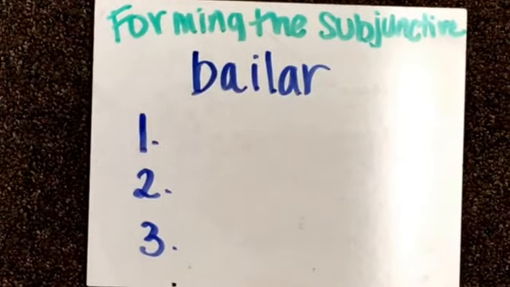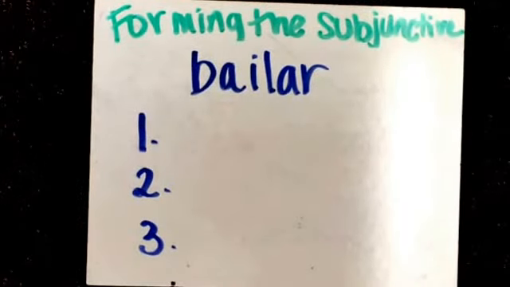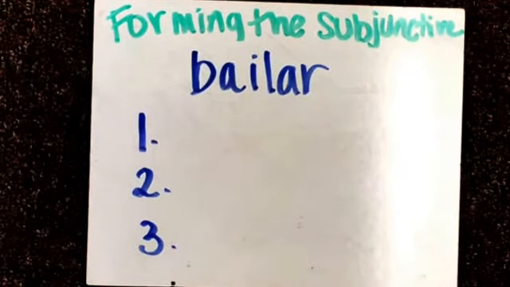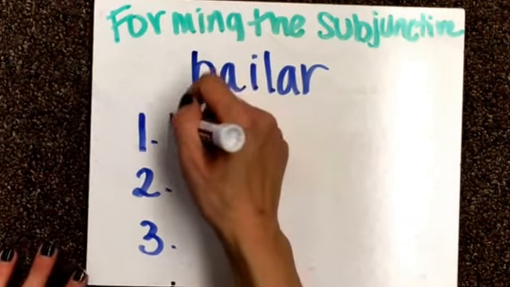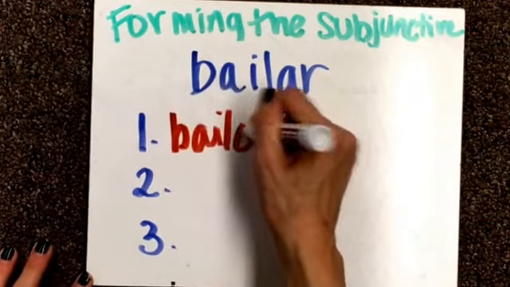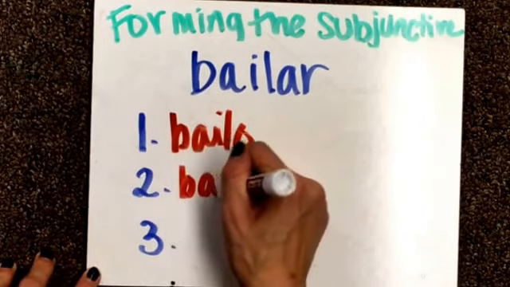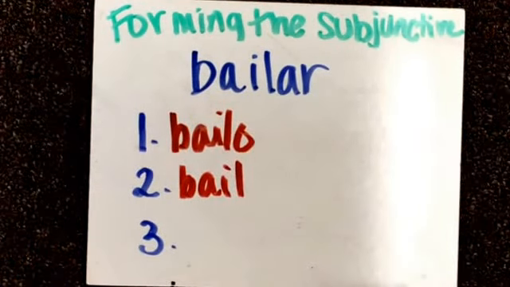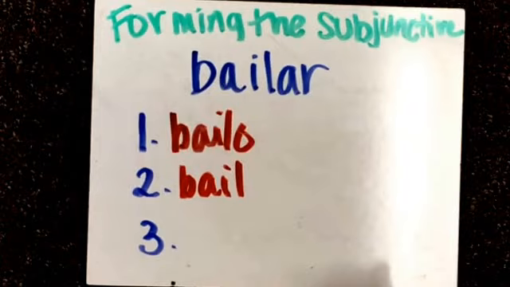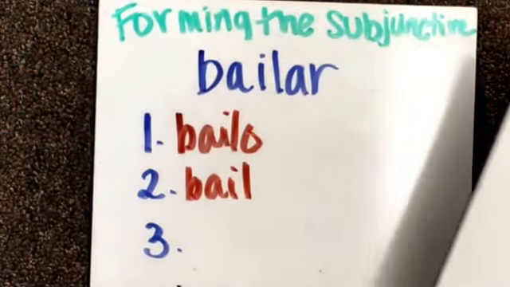If we want to put bailar in the subjunctive, it's really easy. All you do is follow the steps. So step 1 is put the verb in the yo form. Next thing you do is you drop the o. And next, you add the opposite ending. In case you forgot, here's a bit of a cheat sheet.